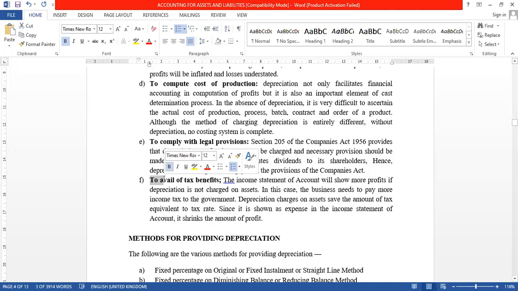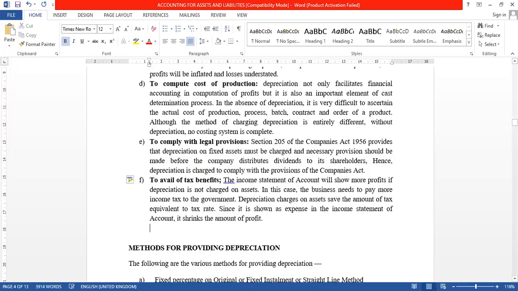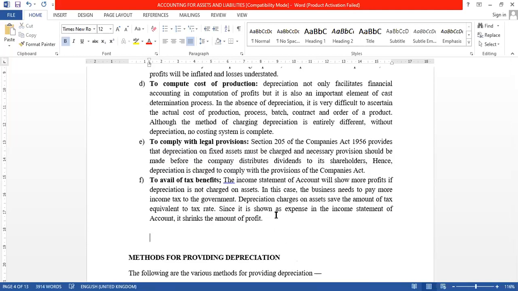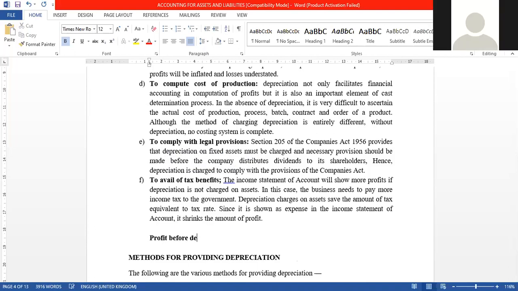Simply because if you overstate your profit, because we have said if you don't charge depreciation, you will overstate your profit. If you overstate your profit, then it means that you will pay more tax. Let me try to demonstrate here. Let's assume that the profit that the business, this is profit before you subtract depreciation, right?